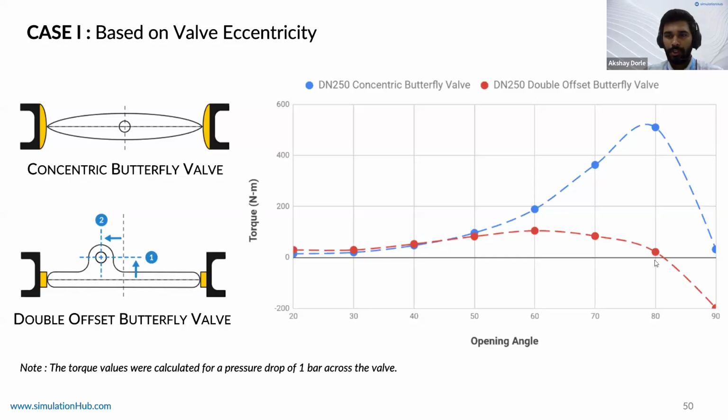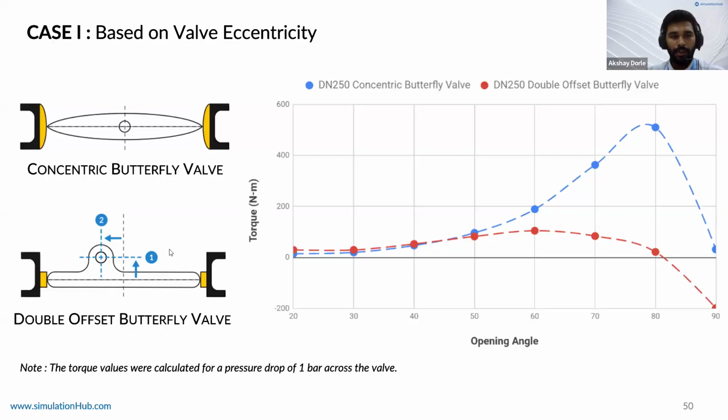This is pretty obvious because at full opening, the fluid on the top side and the bottom side has the same profile. The forces are very well balanced, and the net torque acting on the valve at that opening is close to zero, as both the torques, the anti-clockwise and the clockwise, are balanced perfectly.